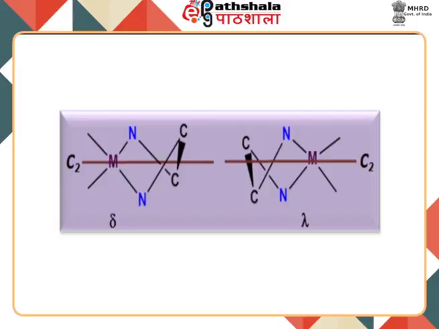It is also clear here that these conformations are non-superimposable mirror images. However, they have little conformational stability, so it is not possible to isolate two optical isomers of a complex such as the tetraamine ethylenediamine cobalt(III) cation.